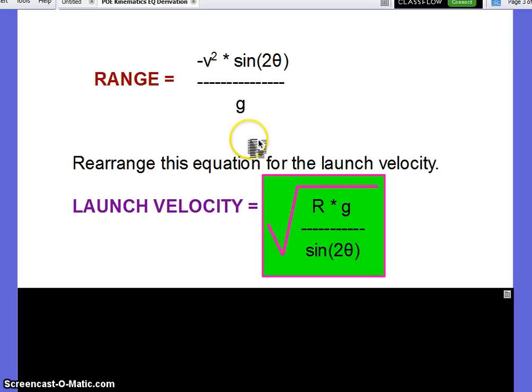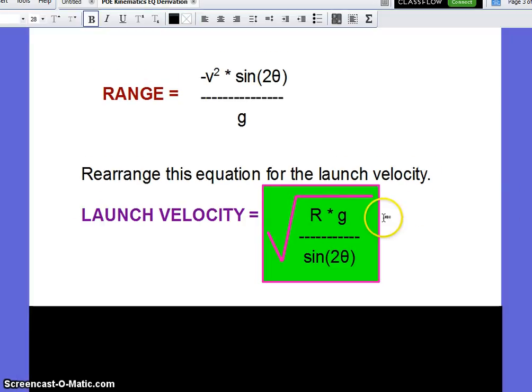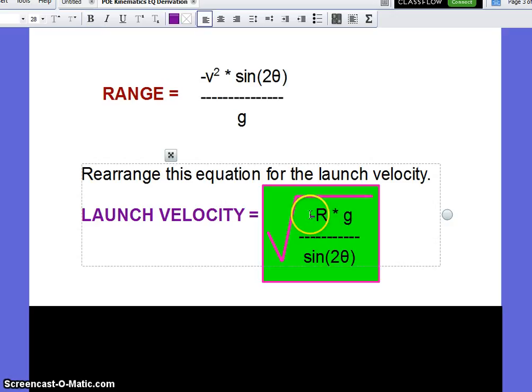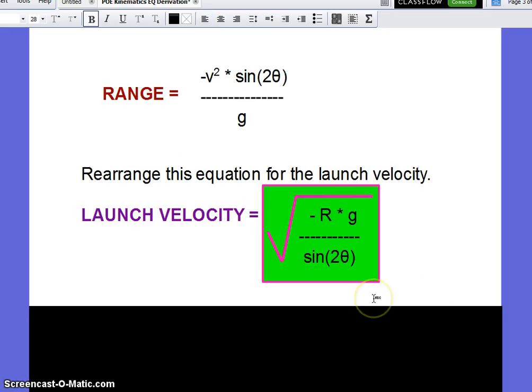And then you would have to take the square root of all of this in order to get your launch velocity. Technically, I believe there should be a negative in front of all of this. I kind of forgot that. So a negative times the acceleration due to gravity, which is also negative, will lead to a positive value underneath the square root sign, so none of the math teachers yell at us.